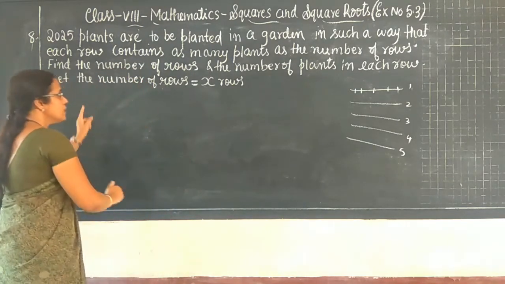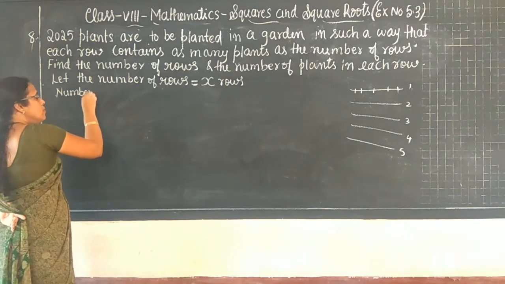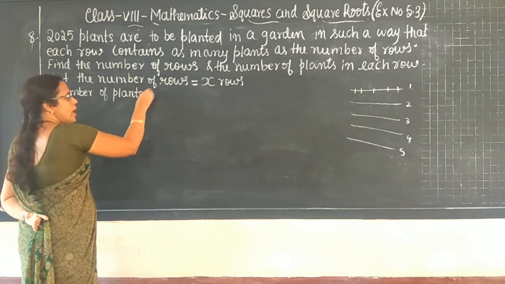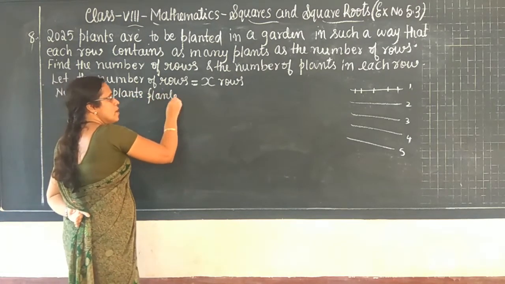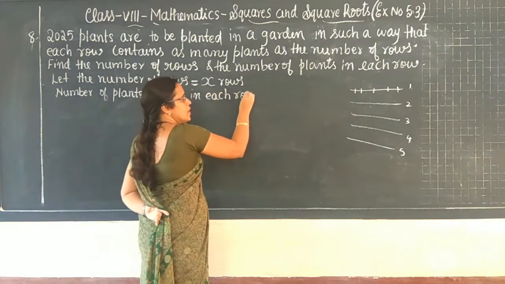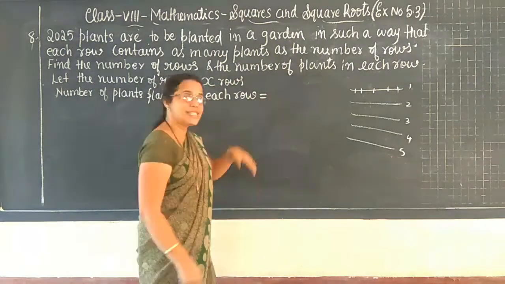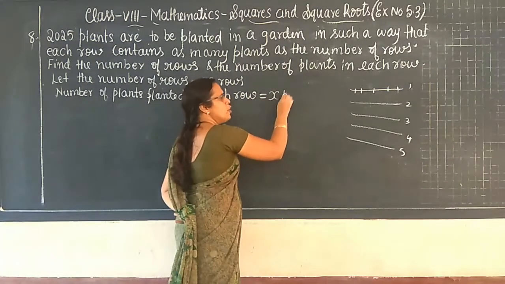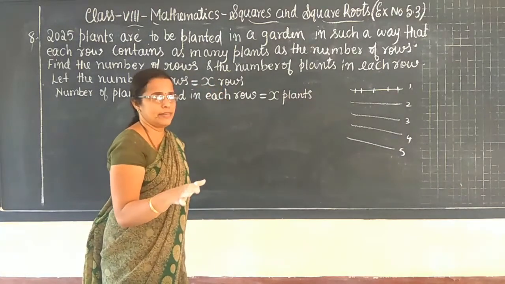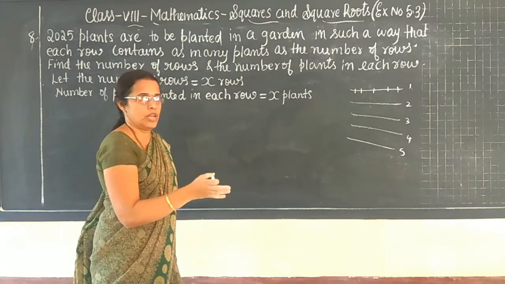That means the number of plants planted in each row, same number of plants. How many rows are there? X plants, same number of plants you have to plant in each row.